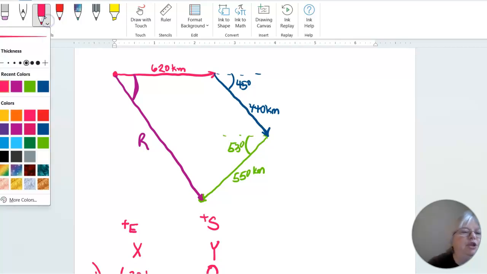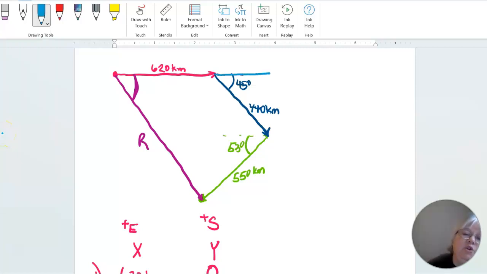Now, vector 2. Vector 2 travels in two directions. It travels to the east, it travels to the south. So I want to draw in the legs of essentially that right triangle, and have an x direction and a y direction.